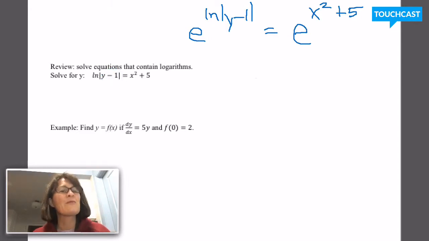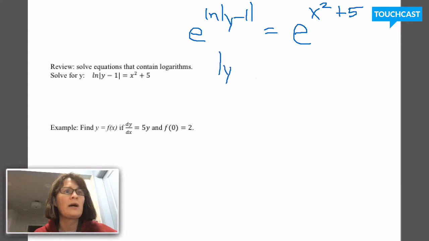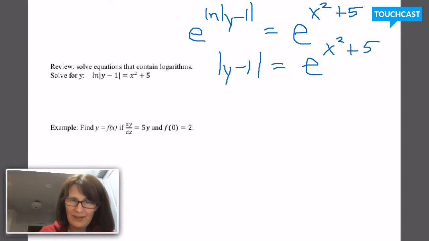So now that I have made both sides the exponent on a base of e, the e and the natural log cancel each other out. So on the left-hand side, I will have the absolute value of y minus 1 is equal to e to the x squared plus 5. Now, how do I undo absolute value bars?